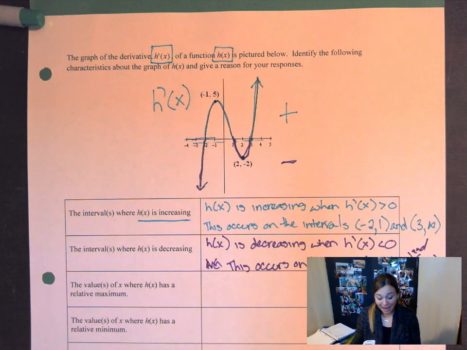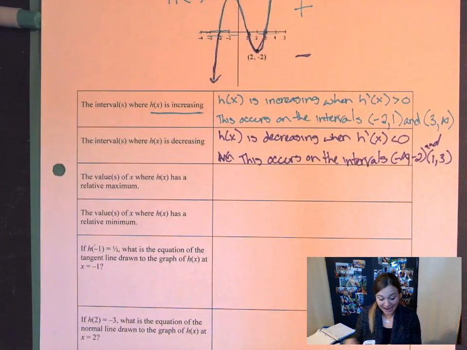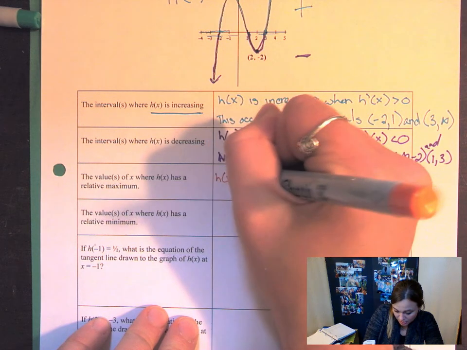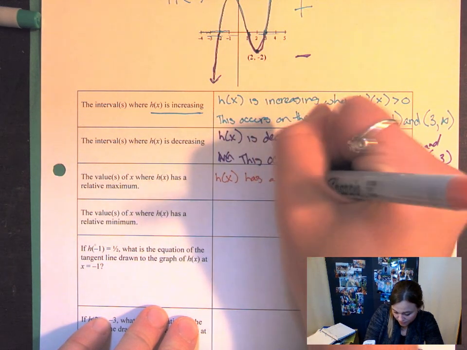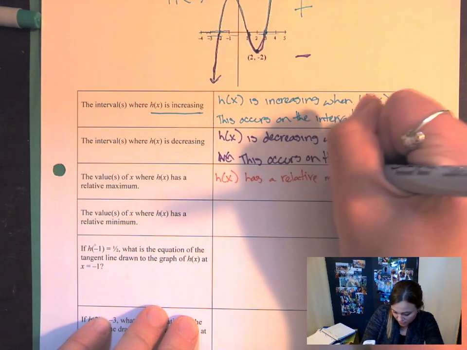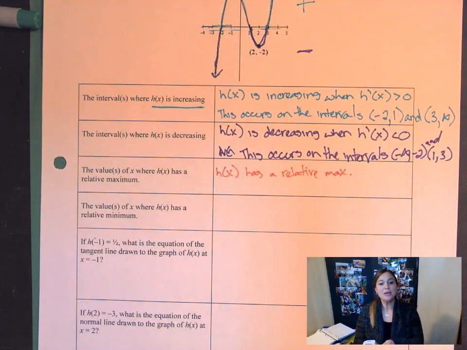A relative maximum. So this is where h of x has a relative maximum. And this one was kind of hard because so far all we've said is h of x has a relative max when h prime is equal to 0. But that's not quite enough.